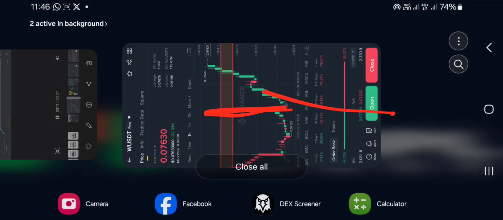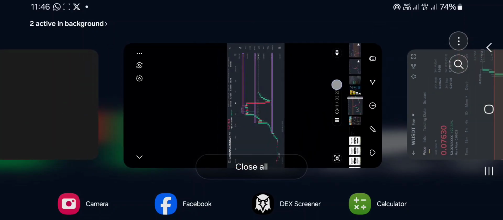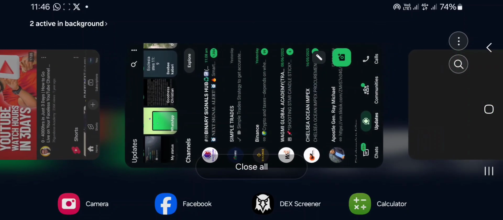Yesterday we dropped some signals. So on the video we dropped on analysis yesterday, we dropped this particular signal yesterday on LQTY, and the previous video I dropped analysis on this LPT.